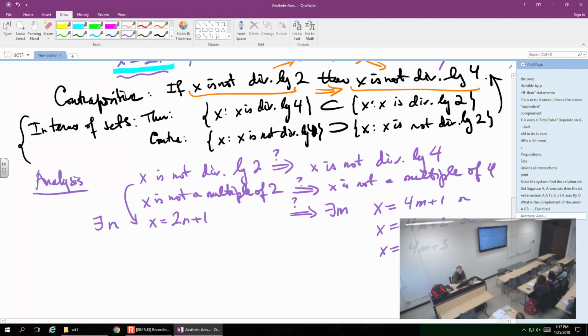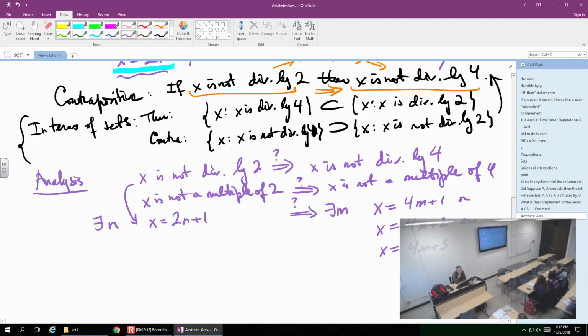So from the existence of n on the left, we want to conclude the existence of m on the right. Any thoughts on how to get there? Multiply the 2n plus 1 by 2, then you get 2n plus 2.